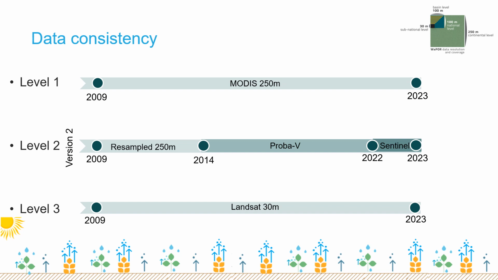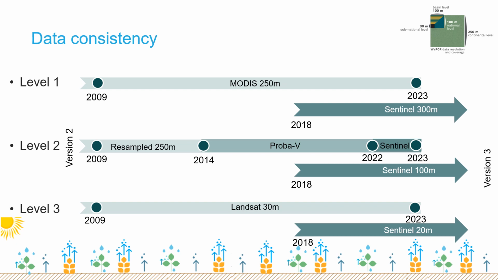In addition, in the last year, the level 2 data was created using the Sentinel data as the PROBA-V satellite had problems. This created some discontinuity in the data, affecting the ability to do trend analysis. All data created using the version 2 methodology will not be updated after 2023. For the version 3 data, the data will be made available from the year 2018 forward.